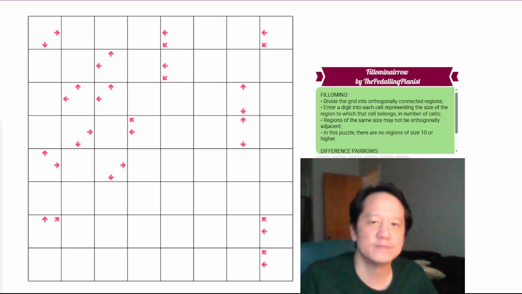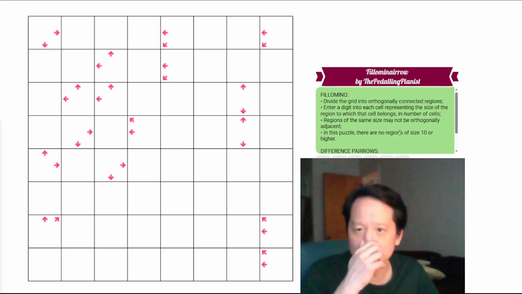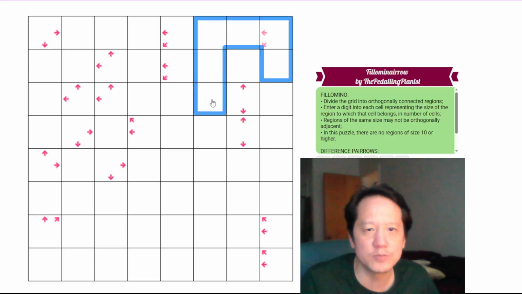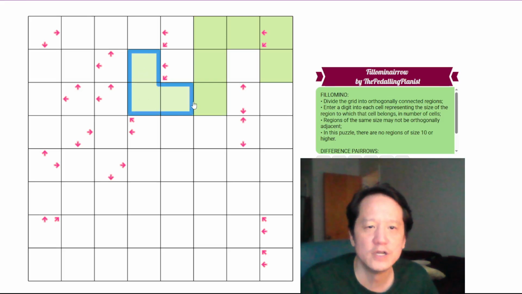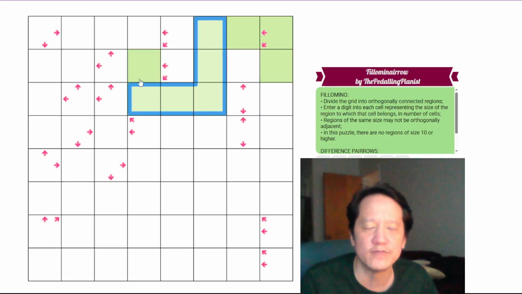Here are the rules. We have Filomeno, where we need to divide the grid into orthogonally connected regions. What is an orthogonally connected region? It's a region where you can go from any cell in the region to any other cell in the region just by going through edges, all while staying within the region. So this is an example of a valid orthogonally connected region.